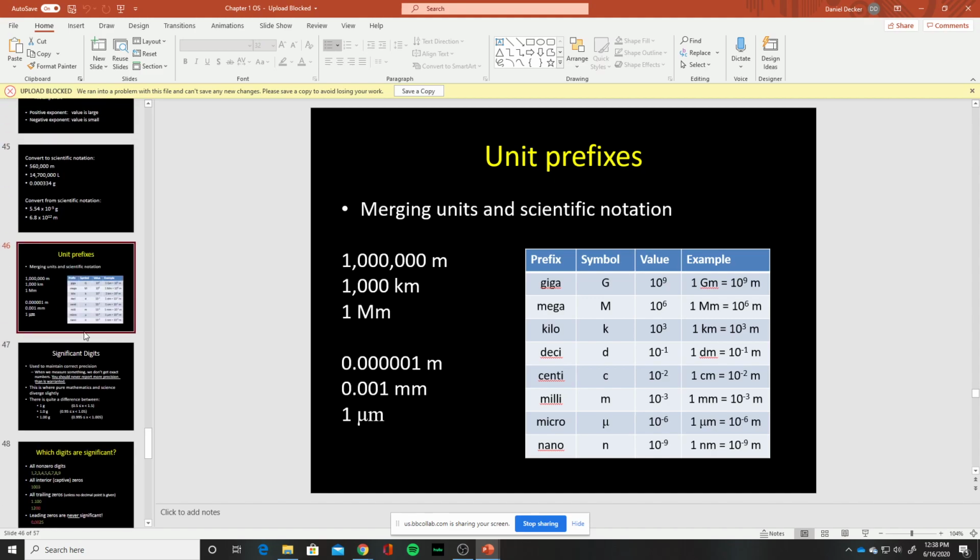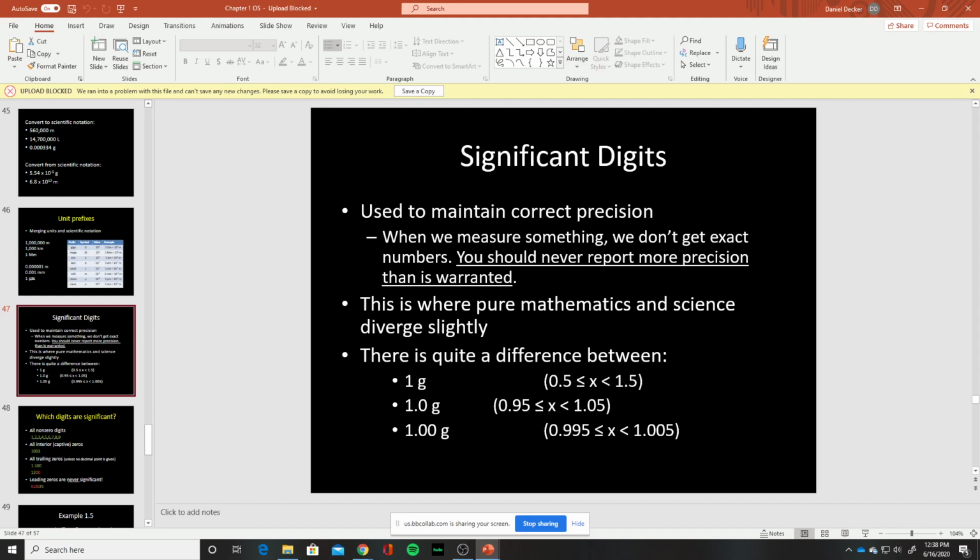All right, so then we have sig figs here. There are some questions on the exam over sig figs. They are either simple questions where it's just, here is a number, how many sig figs does it have? Or a simple calculation where I write out the calculation and ask you what the answer would be with correct sig figs.